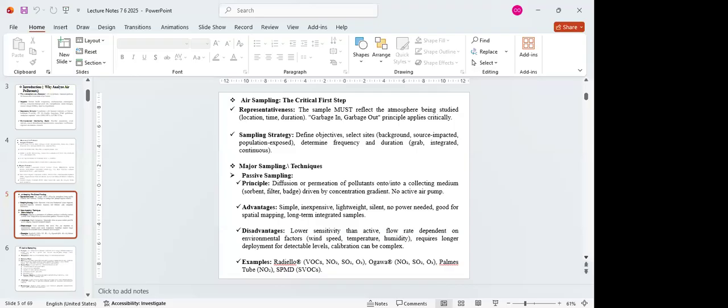Now, you also require calibration. And calibration at this moment should be done based on the moment conditions. So calibrations will differ from one point to the other or one duration to the other.